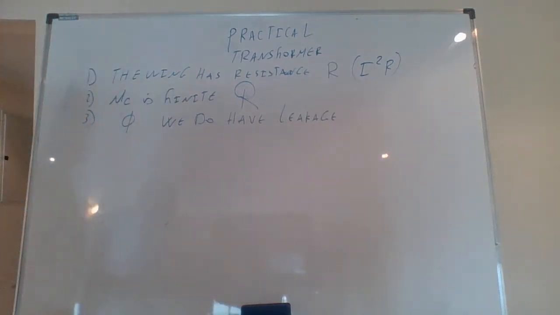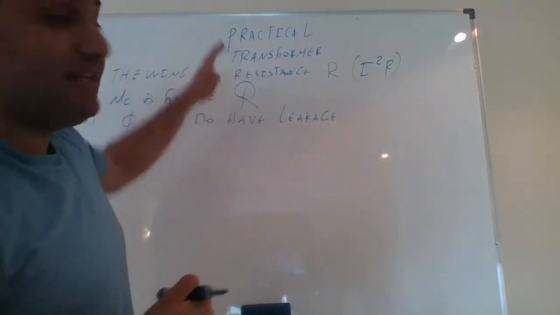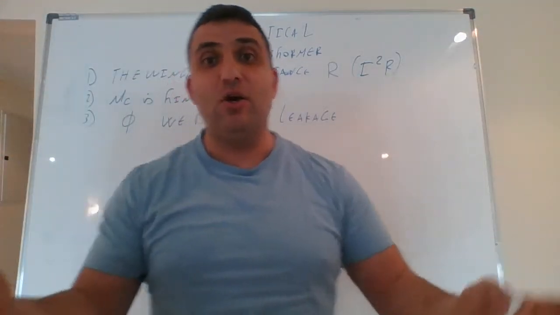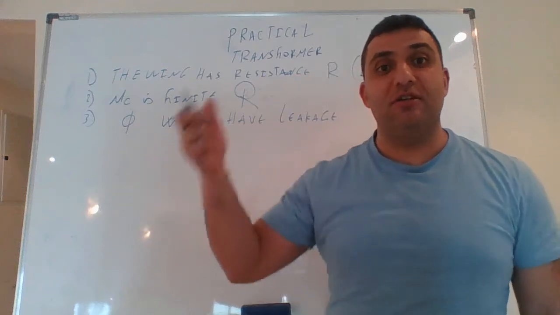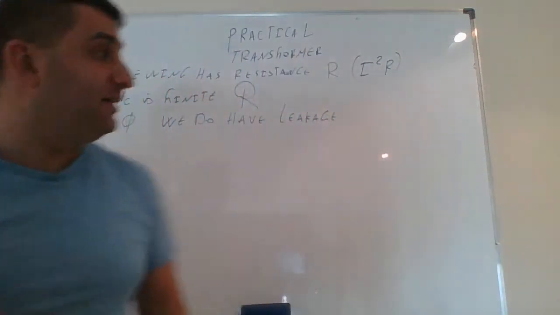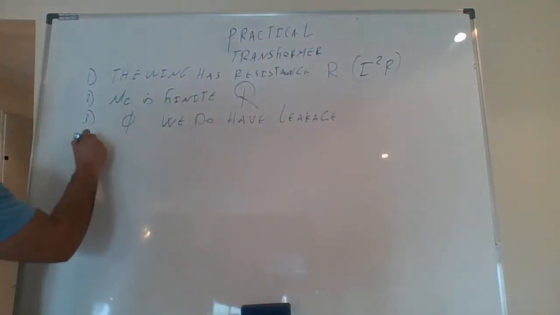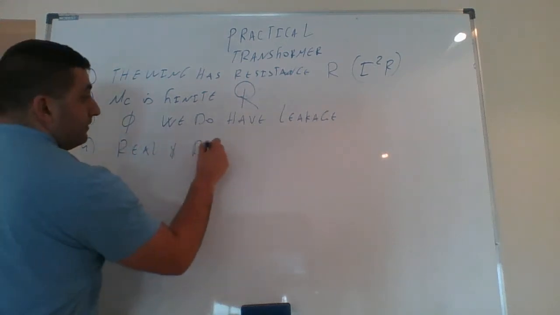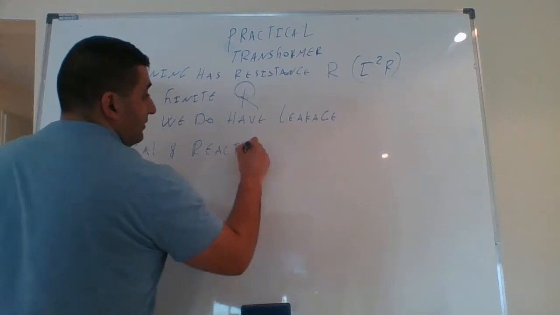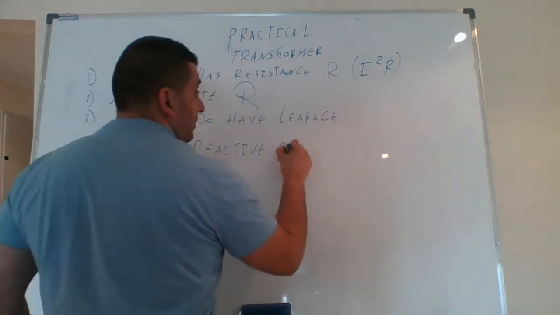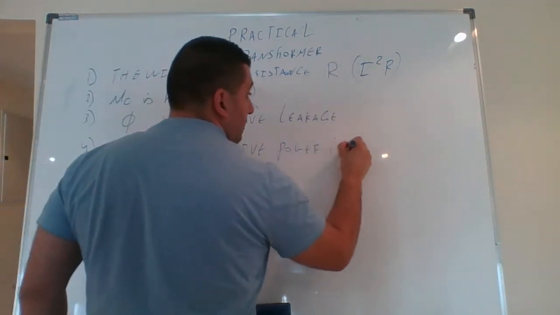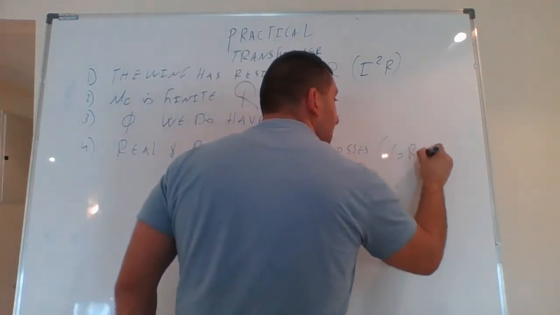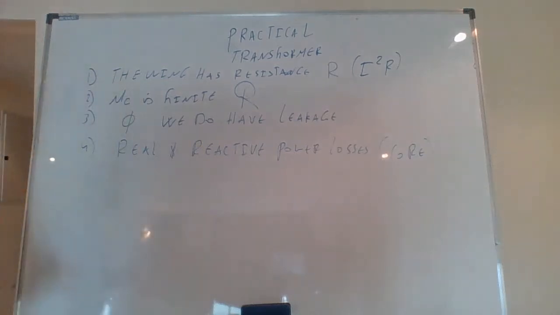And number 4, previously in an ideal transformer, we said you have no core losses. In a practical transformer, we have 2 types of core losses: real and reactive power losses within the actual core of the transformer.